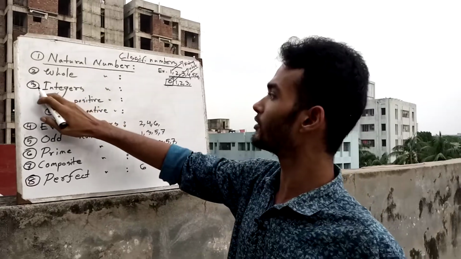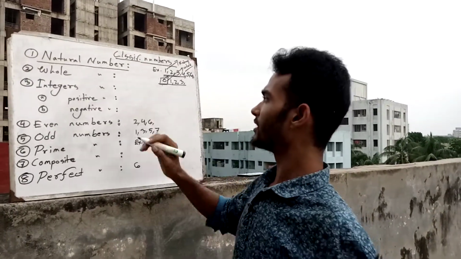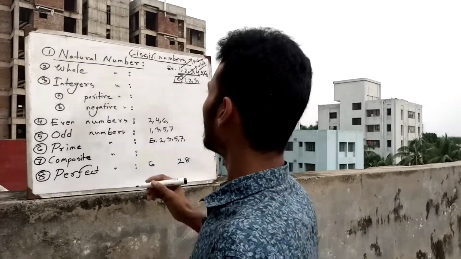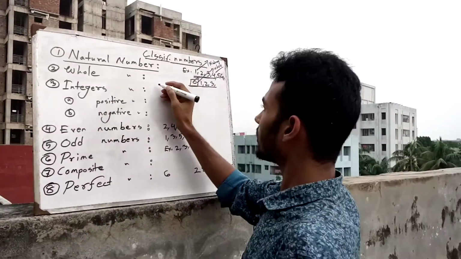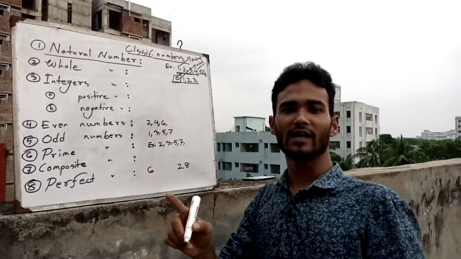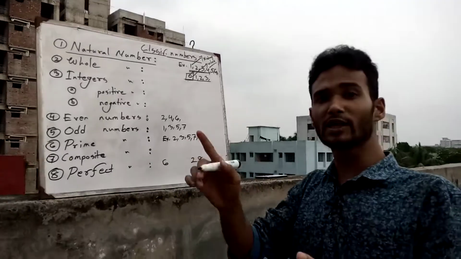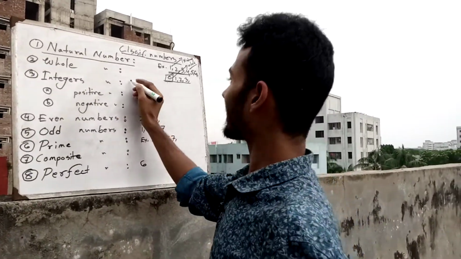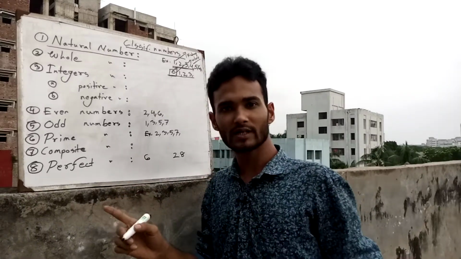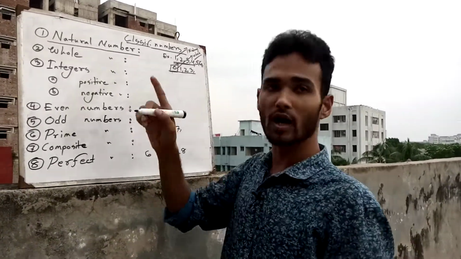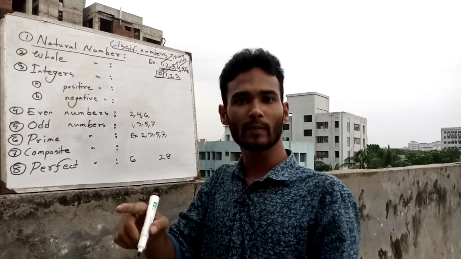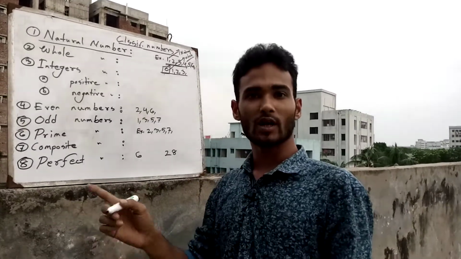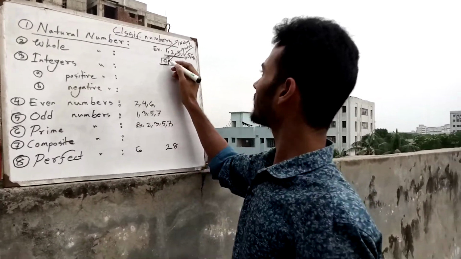Then go for integers. Integers are all counting positive numbers, all counting negative numbers and including 0.